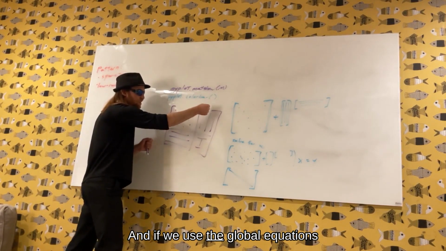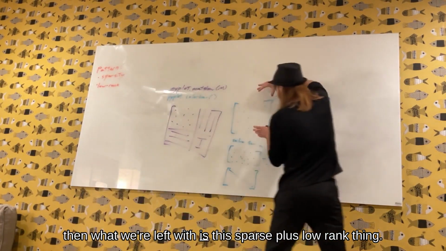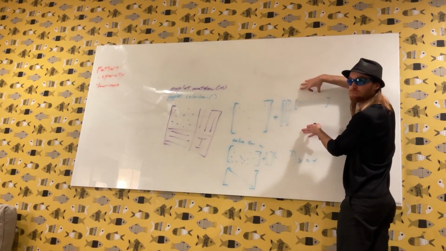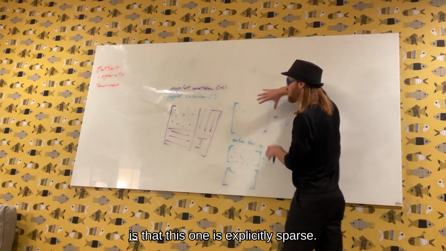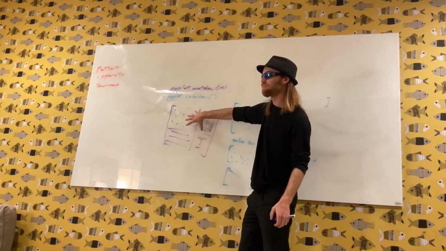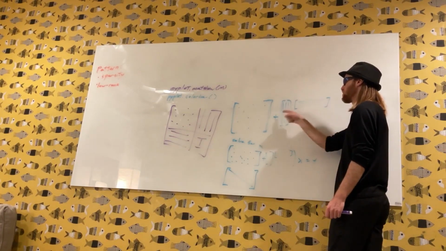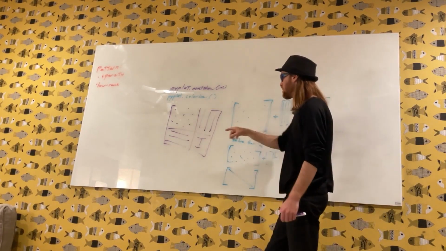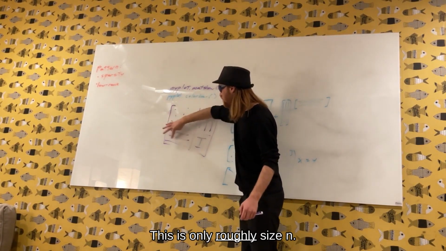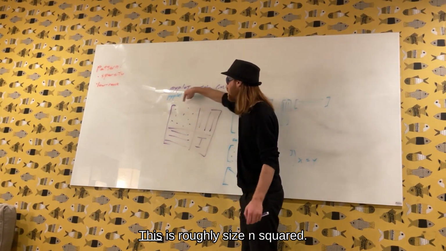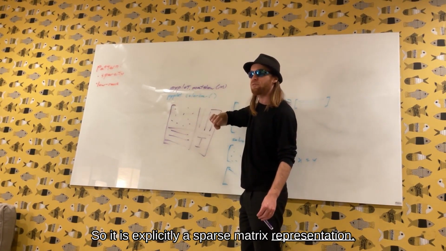If we use the global equations to eliminate the global variables, then what we're left with is this sparse plus low rank thing. The nice thing about this representation rather than this one is that this one is explicitly sparse, whereas this one will usually have no zeros in it because it just has lots of products of these. Most of the matrix is stuff in here. This is roughly size n, this is roughly size n, this is roughly size n squared. So it is explicitly a sparse matrix representation.